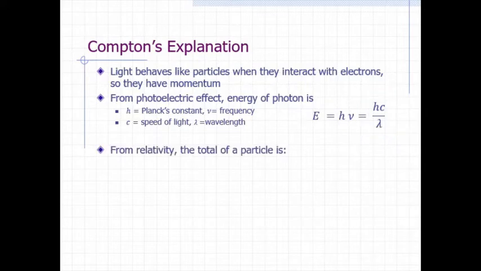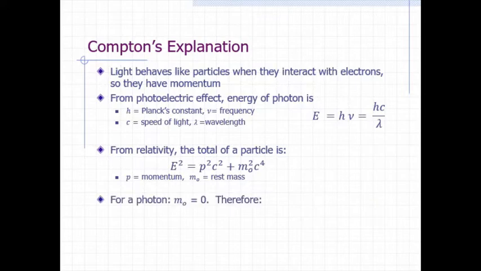Since longer wavelengths mean lower photon energy, an observed shift to longer wavelengths suggests that the photon has lower energy after colliding with an electron. From Einstein's special theory of relativity, the total energy of a particle is such that its square is equal to p squared times c squared plus m naught squared times c to the fourth power. Here, p is the momentum and m naught is the rest mass of the particle. The rest mass of a photon is 0.